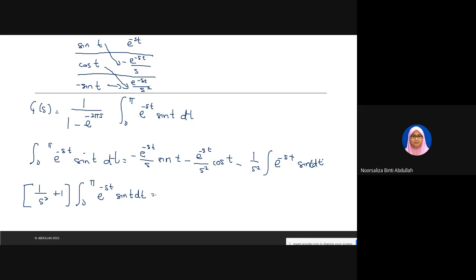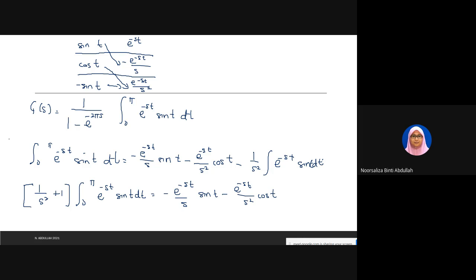Okay, equals to? Equal to everything behind except negative 1/s². Negative exponent negative st over s sin t minus... okay. Yang lain faham tak?